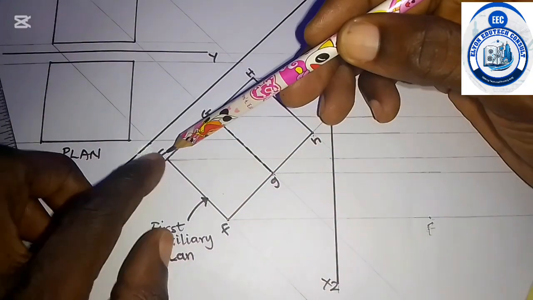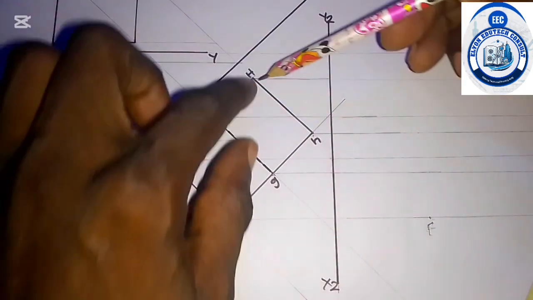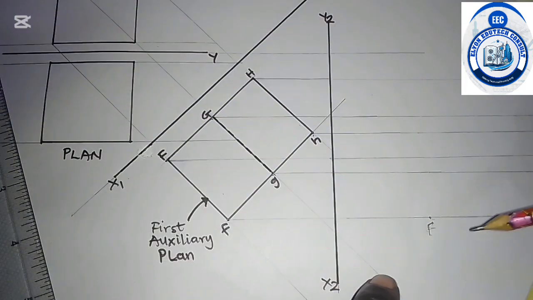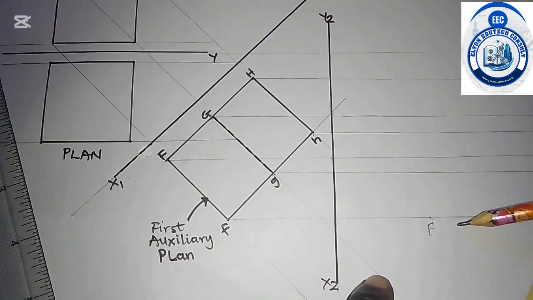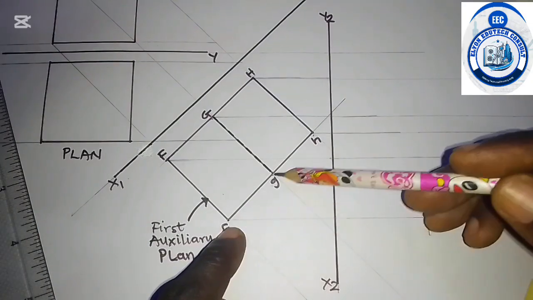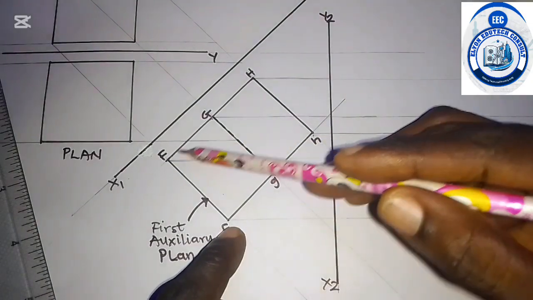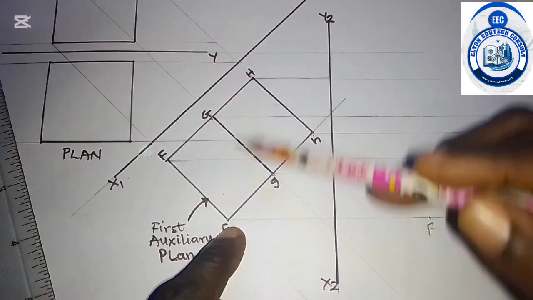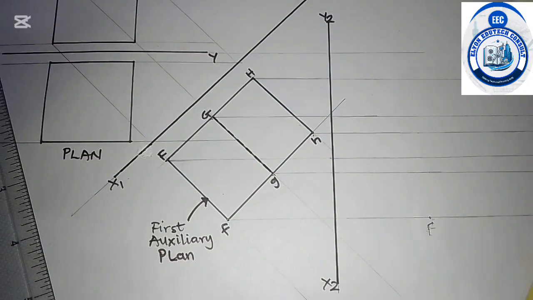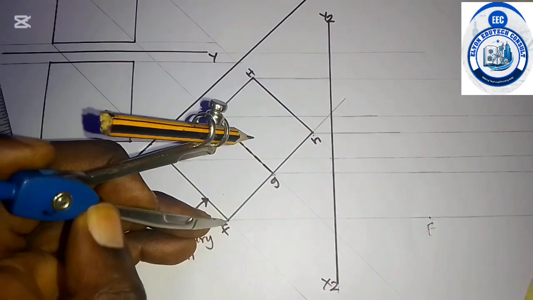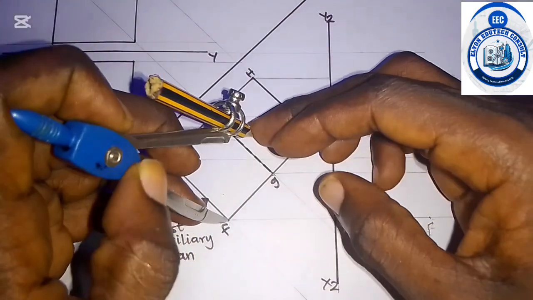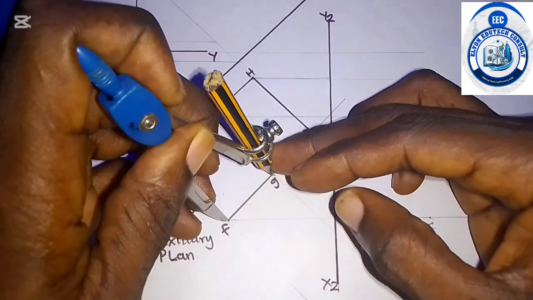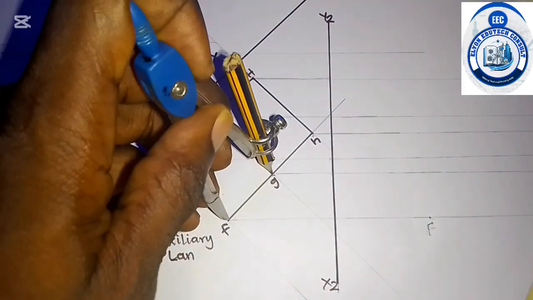These lines here are going to be appearing vertical on the second auxiliary elevation, while all this line will be appearing at an inclined angle. They are going to be inclined. So now for FG, I'll pick small f and g, small f and g, this way.